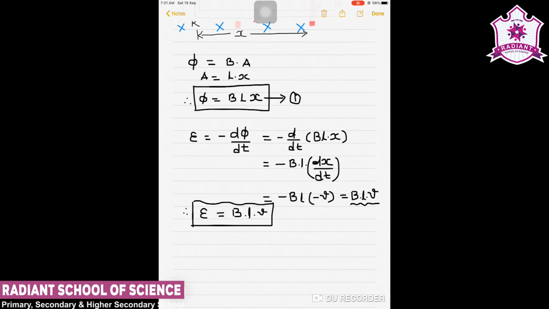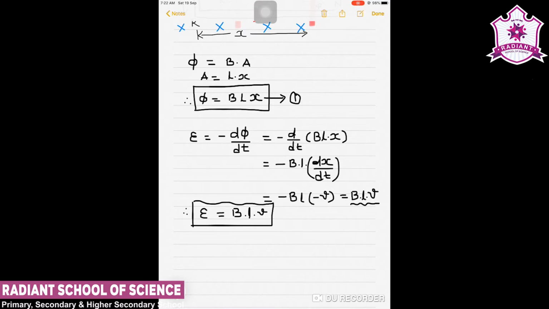We have just moved a rod in a uniform magnetic field which is perpendicular to the given plane, and we got this EMF. Here v is actually the speed of the conductor PQ, and the induced EMF BLv is called motional EMF because we have derived this equation due to the motion of the rod.